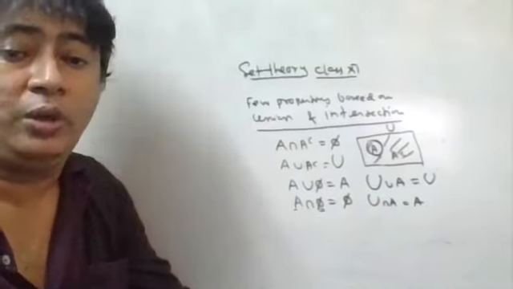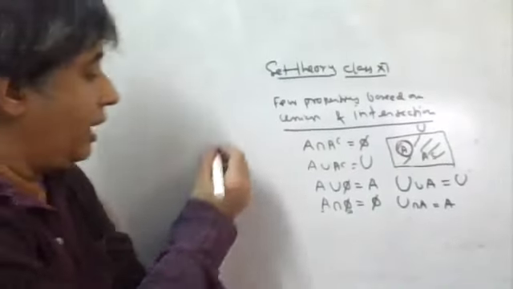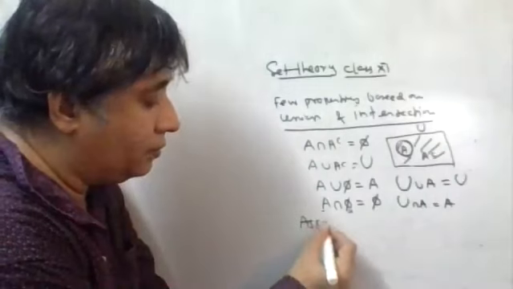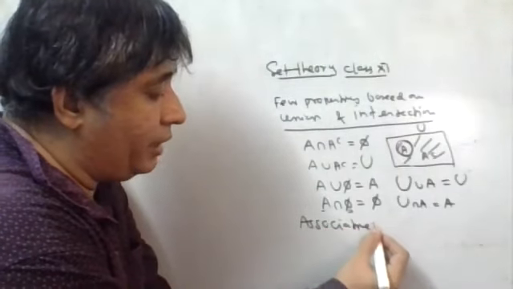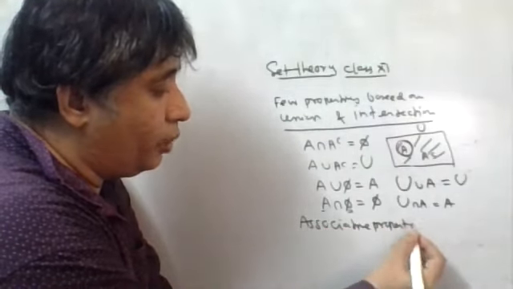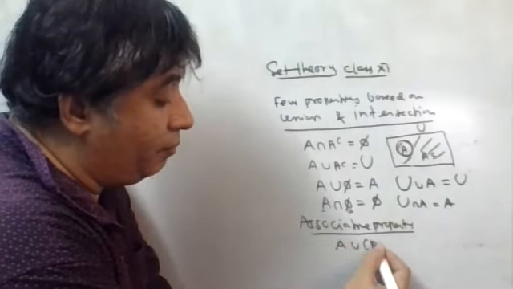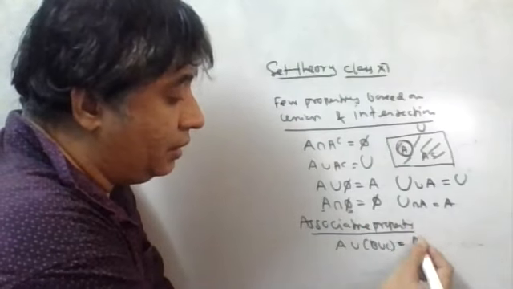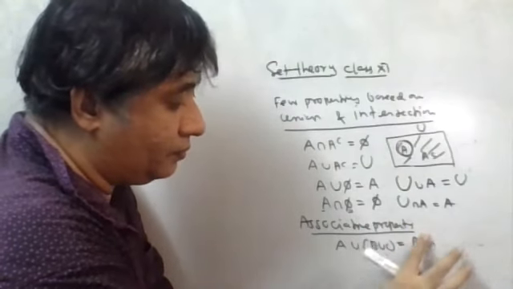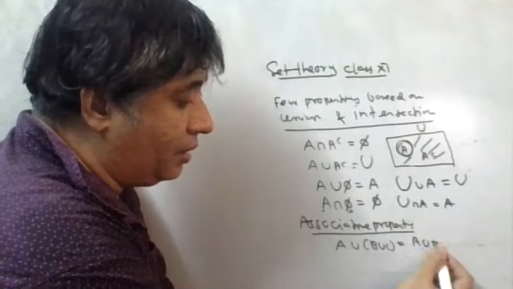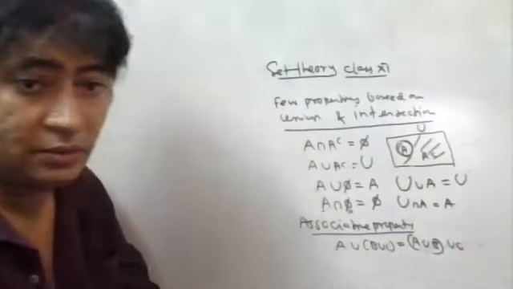Then we will go through the associative property. What is that? A union B union C is equal to A union B union C, grouped differently.